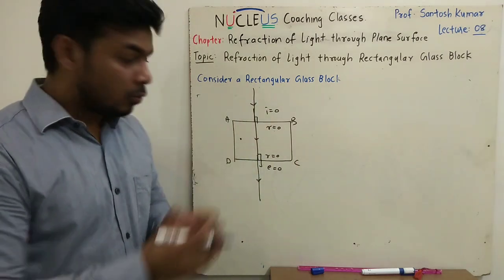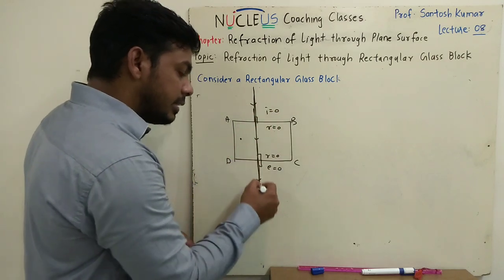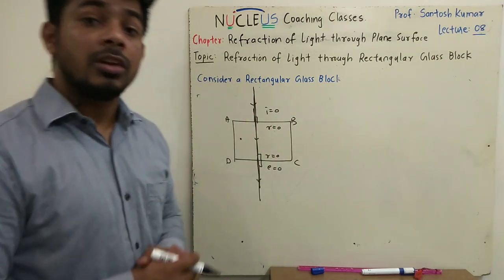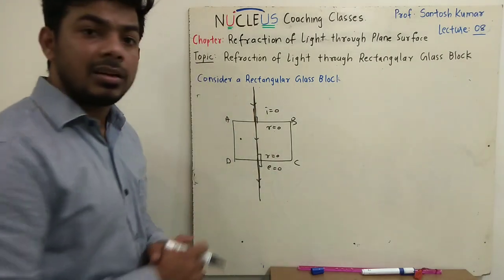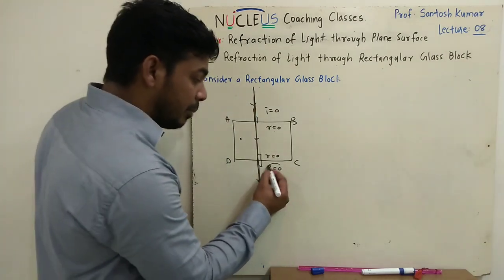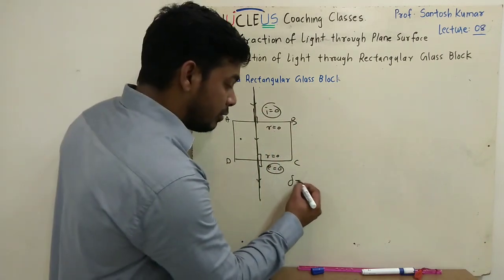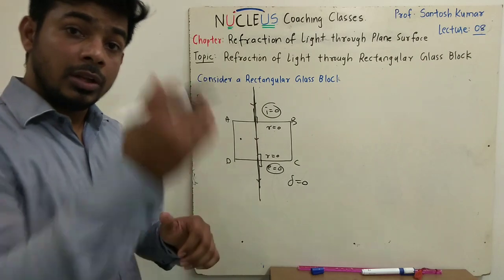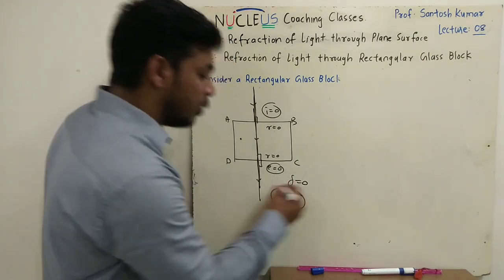So what we studied is that whenever a ray of light is incident normally on the surface of the glass slab, the emergent ray definitely will be parallel to the incident ray. The angle of emergence will be 0 because the angle of incidence is 0. The angle of deviation will also be 0. The only difference is that the lateral shift will be 0 in this case.